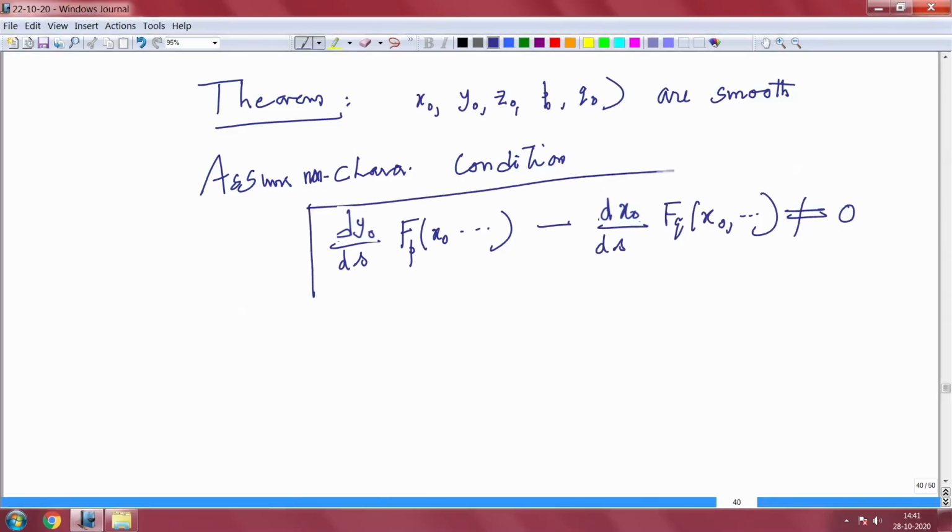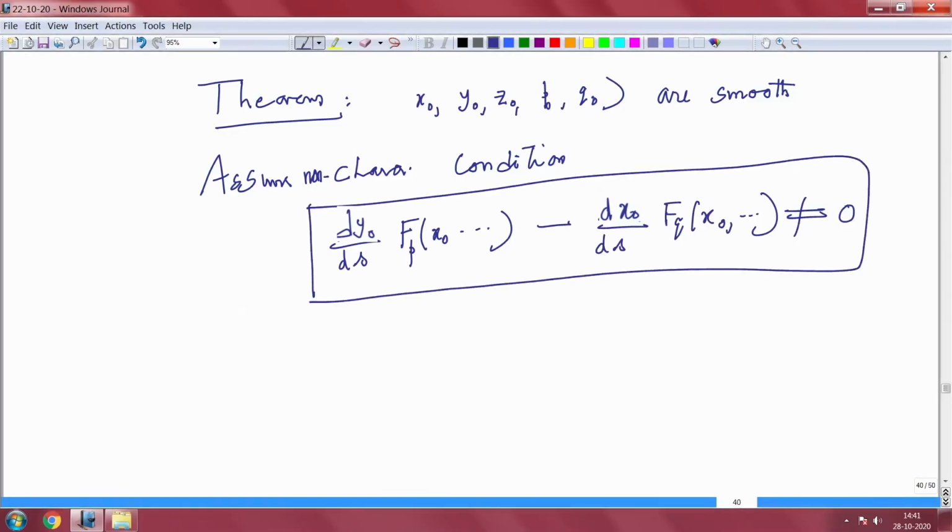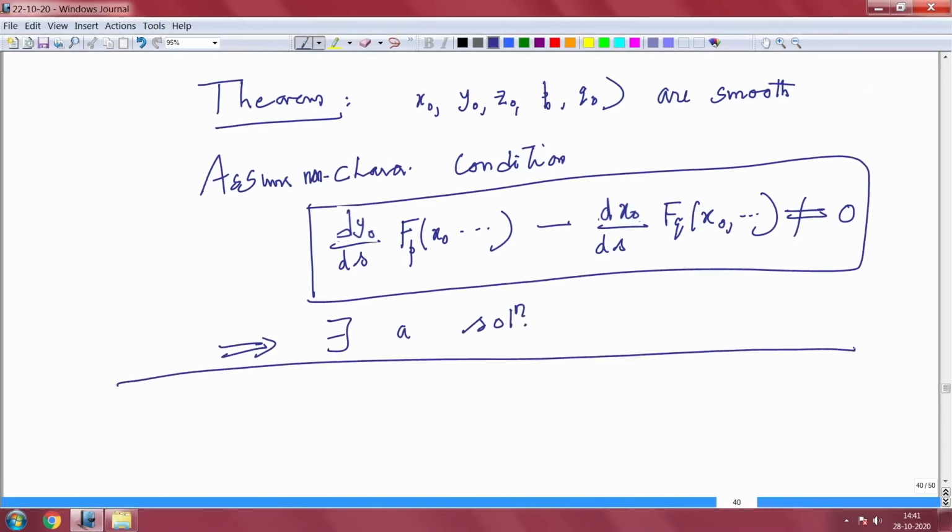This is along the initial curve, the lifted initial curve. Then there exists a solution, but not a unique one; there is no uniqueness. This theorem can be proved along similar lines as in the quasi-linear equation. I will end this talk with showing an example.